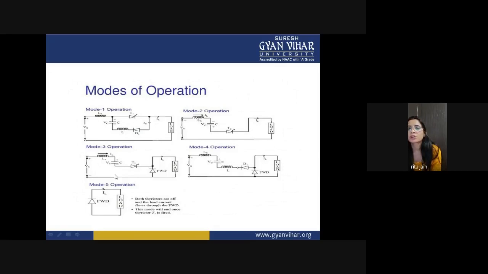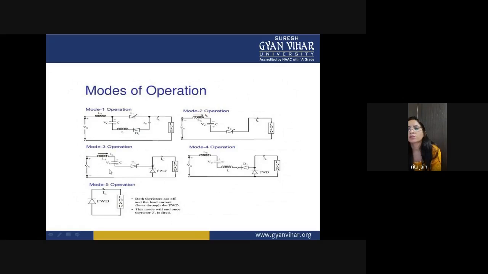Now let's come to your third mode, in which your freewheeling diode will come into the conduction mode. After this mode, when capacitor starts to discharge, then this terminal will be positive, this will be negative. So the current will start to flow through this freewheeling diode.